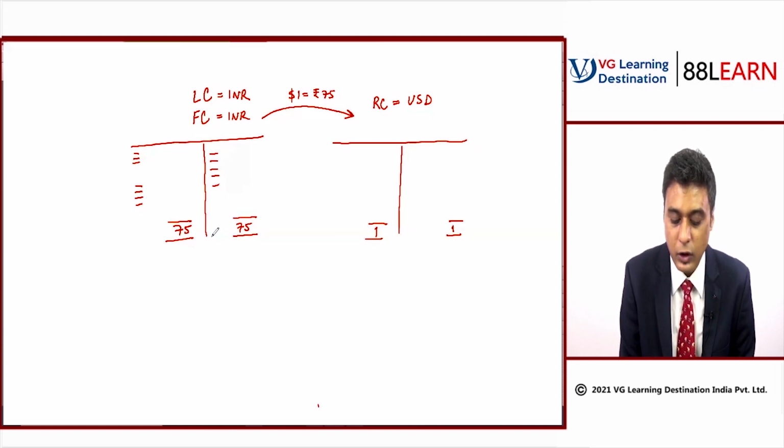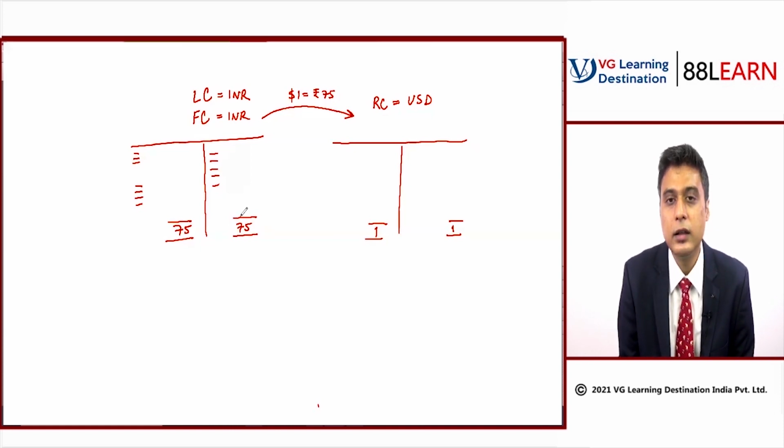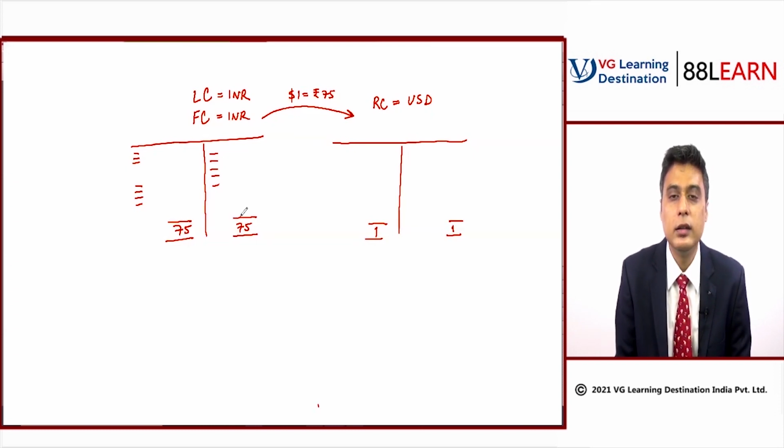Therefore, a 75 rupee balance sheet need not necessarily get converted to $1. Okay, so which rate to be used for which item, that depends on the method that we are going to use for the conversion. And the method that we are going to use for the conversion depends on what kind of currency we are talking about.